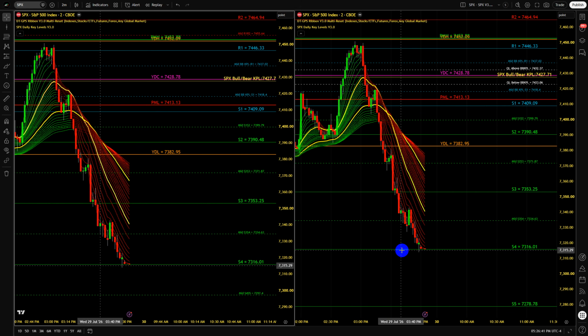Okay, one thing that also helps, especially in volatile sessions, is to also look at the VIX. My particular viewpoint is if I'm trading a 2-minute or 1-minute chart on SPX, on the VIX chart I really want to see like a 15-second chart and use the ribbon indicator on that as well.